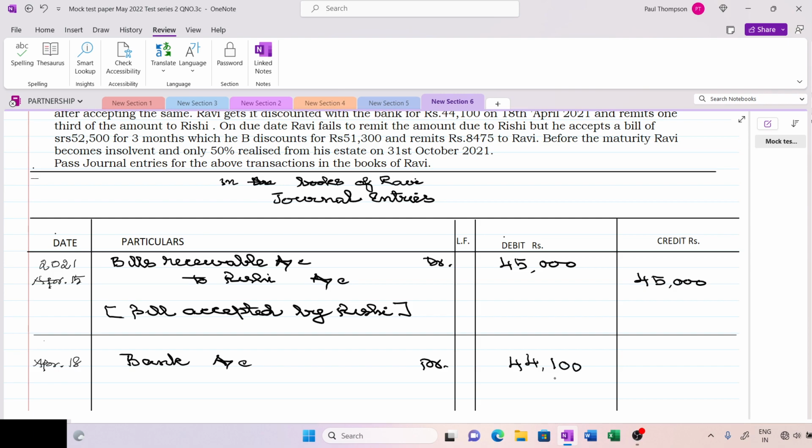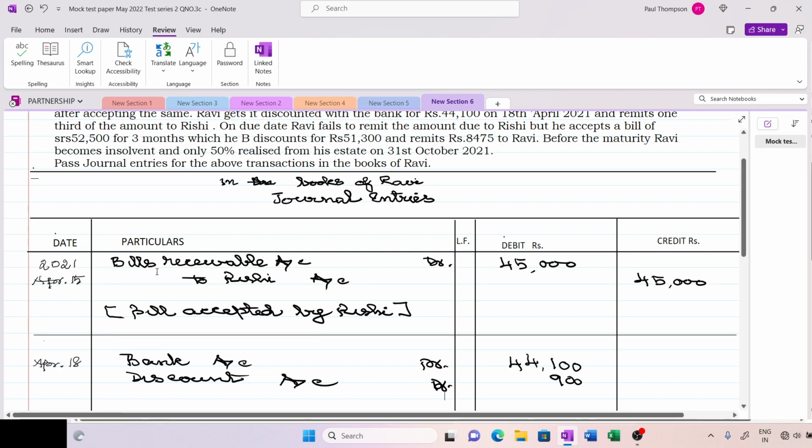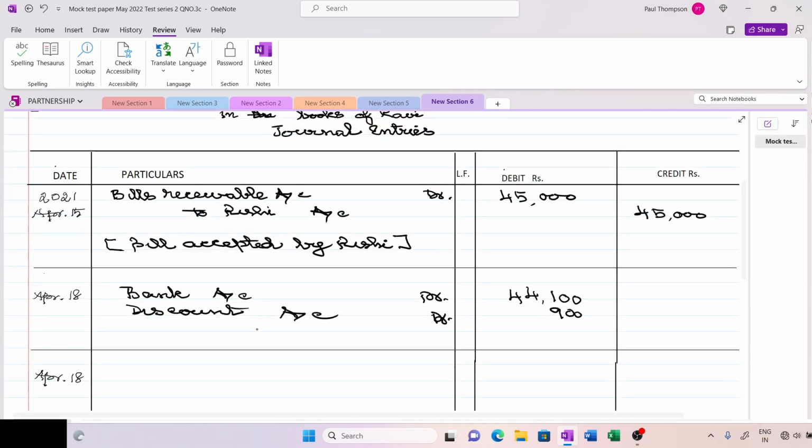And what is the discount charges then? 900, because of 45,000. So discount account is debited with the 900. And now what has gone out of the business? BR has gone out of the business.